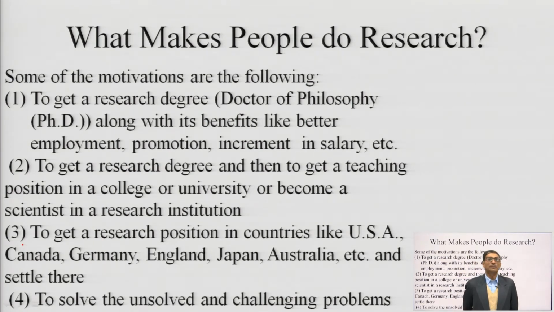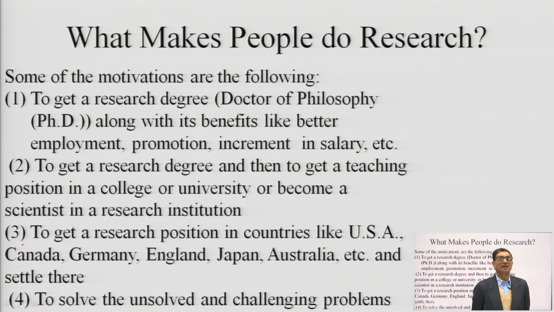Why do people do research? Some of the motivations are the following points, which motivate people to do research. First, people do research to get a research degree, that is Doctor of Philosophy or PhD, along with its benefits like better employment, promotion, increment in salary and so on.